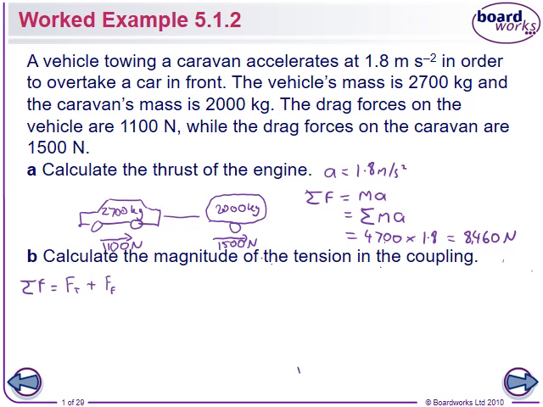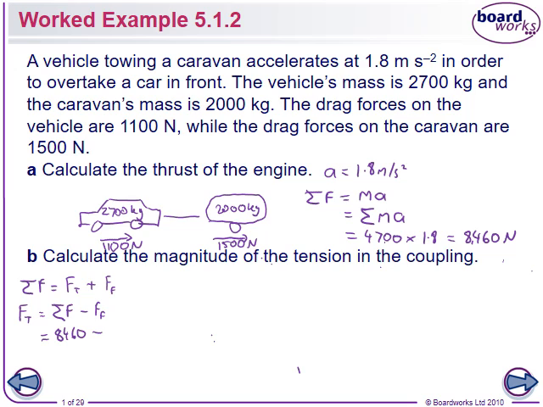Let's rearrange this. We are looking for our thrust, which is equal to our net force minus our frictional force. We know that our net force is 8,460, minus our net frictional force, which is 2,600 newtons.